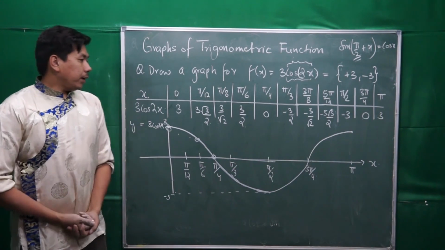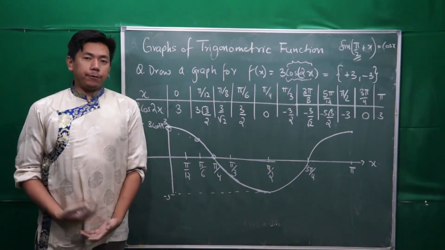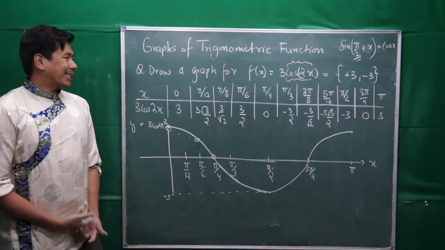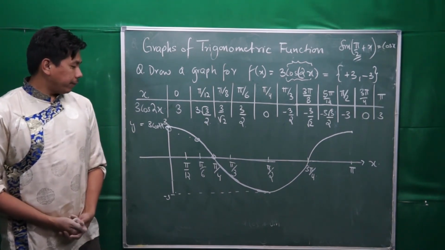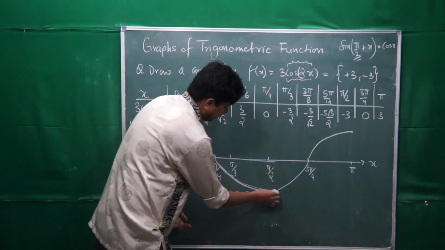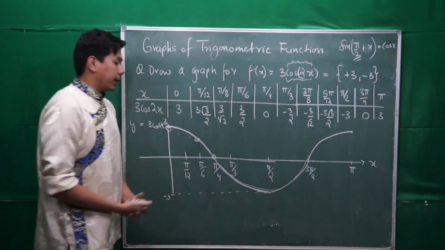And this way we are going to plot the graph of the function that is given to us, a random function that includes a trigonometric function. So this graph is again repeating and periodic.